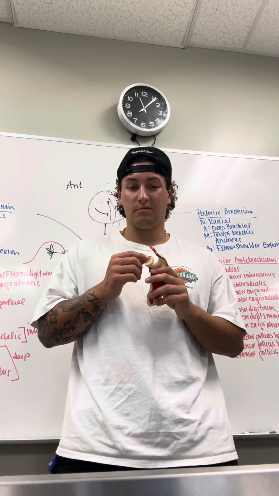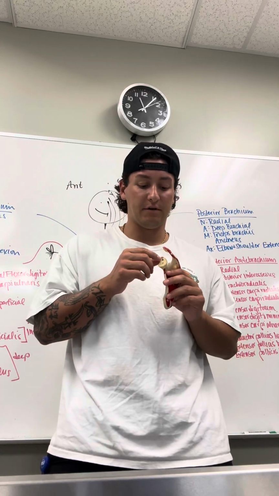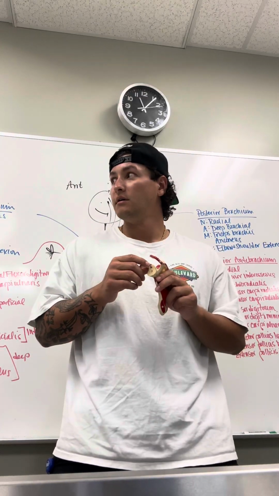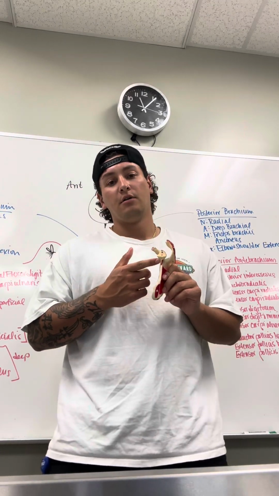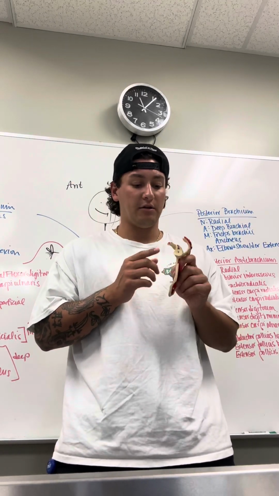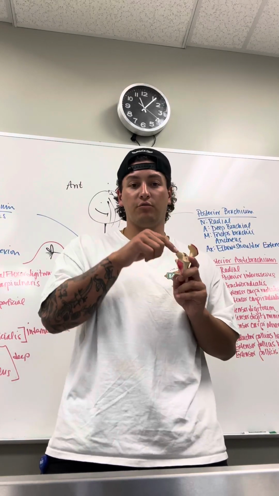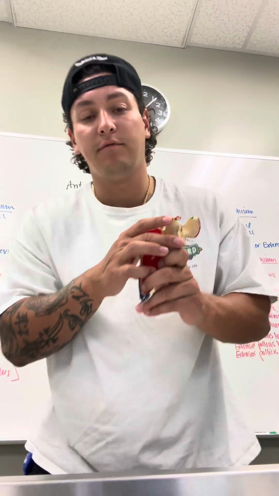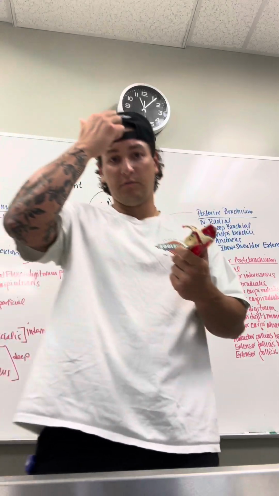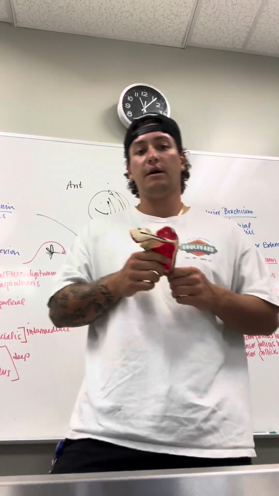On the superior, the top of the glenoid cavity, we have the long head of the bicep, and then under the glenoid cavity we have the long head of the tricep, and then on the coracoid process we have the coracobrachialis right on the tip, right here, and then kind of just behind it we have the inferior belly of the hyoid.